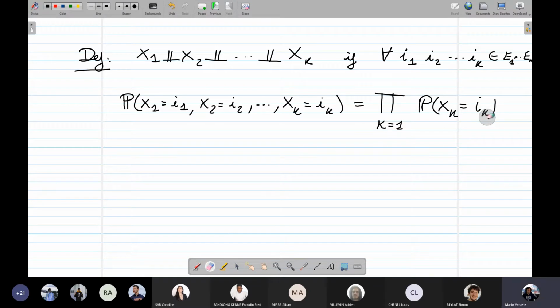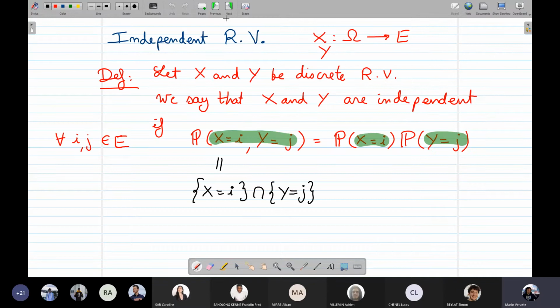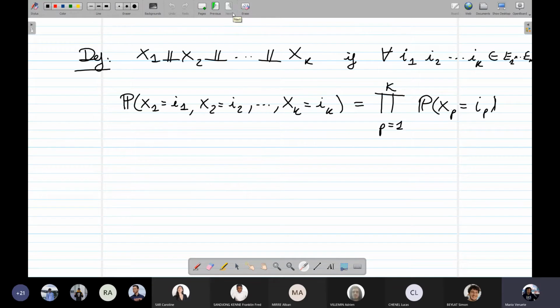I used k here, but it's actually p or whatever. It's just the generalization of the formula before. This simple formula for two random variables, you can generalize its definition to the case of n random variables. Perfect.